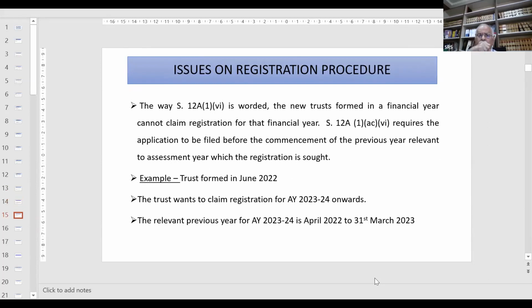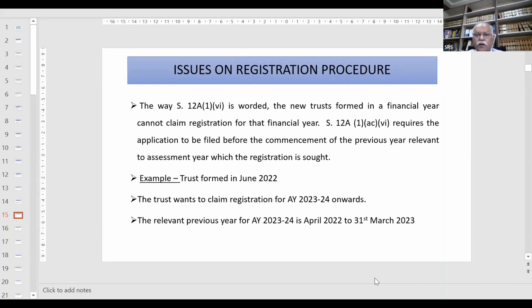Now, look at the wordings of section 12A(1)(ac). In the case of a new trust formed in a financial year, it looks like it cannot claim the exemption under section 11 for that year, for the very simple reason that it cannot get the registration for that year. Let us look at an example.